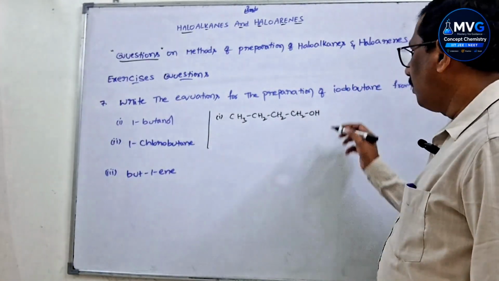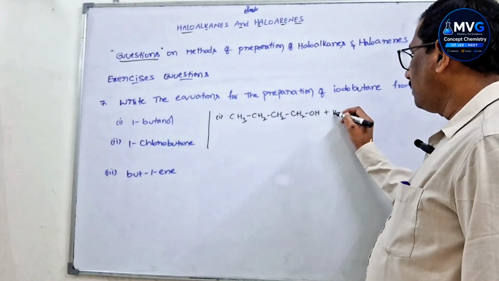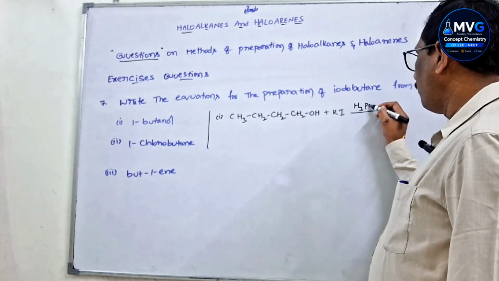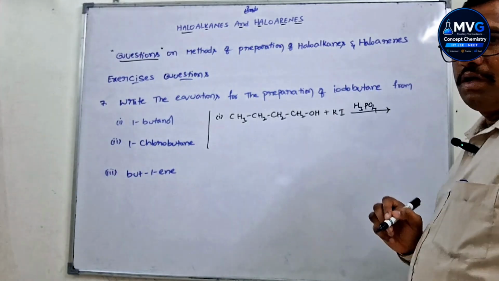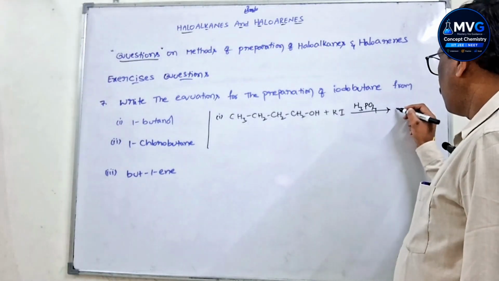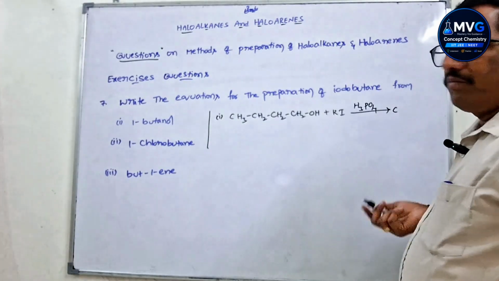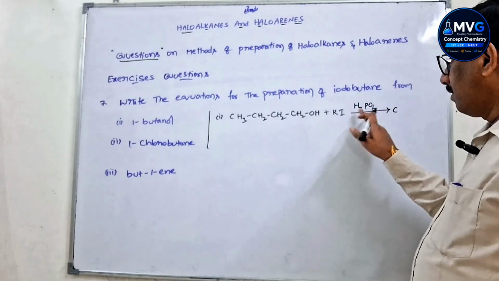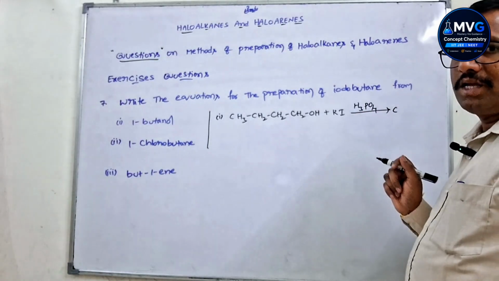If butanol, students, reacts with KI in the presence of H3PO4, it gives iodobutane. This we discussed in class. Here H3PO4 is an oxidizing agent.